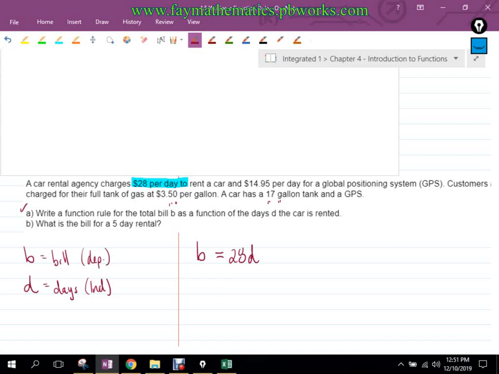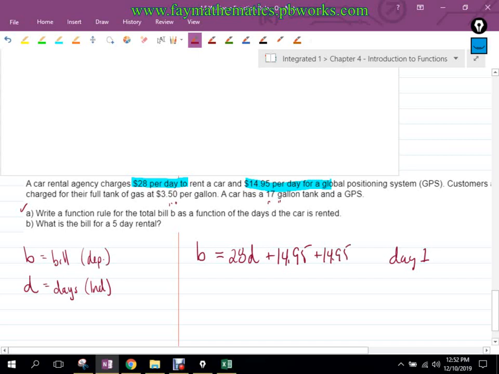However, we are going to rent a GPS, and the GPS is also based on a per day idea, right? It's $14.95 per day. So on day 1, we would have 28 plus 14.95, right? Does that make sense? But on day 2, wouldn't you have another 14.95?